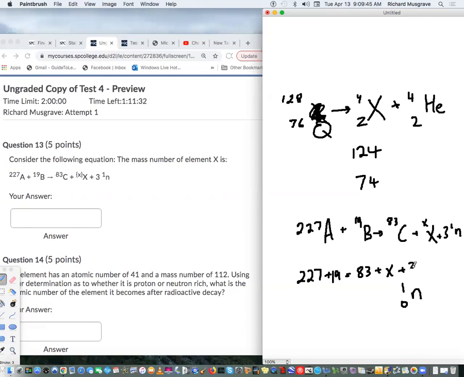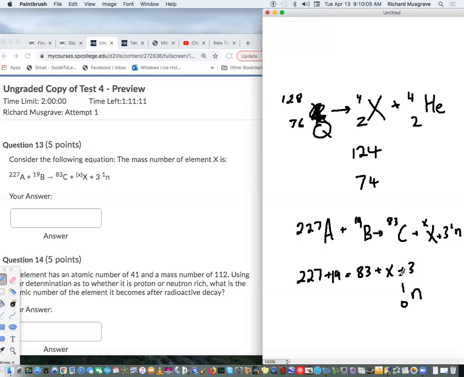So think of the 3 neutrons here as 1 neutron plus 1 neutron plus 1 neutron. They each have a mass of 1, and there's 3 of them. So the total mass there is 3. Then we can just do some math to figure out what X is, and then we've got the value of X.